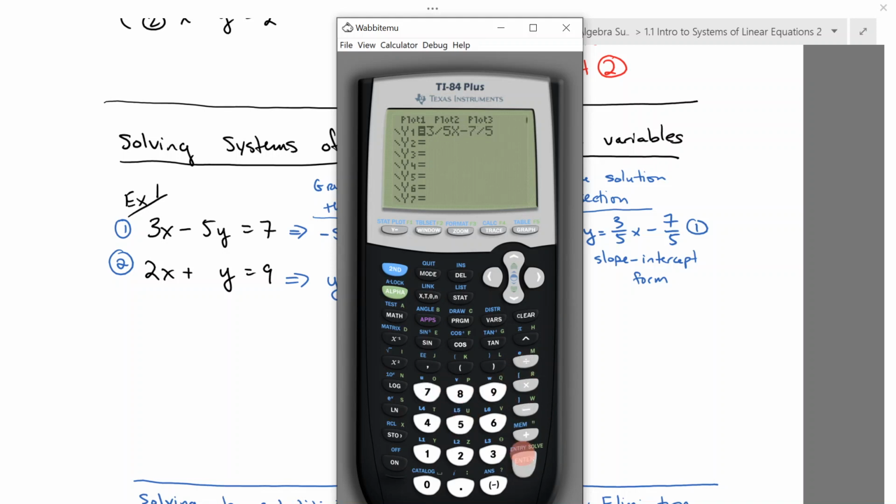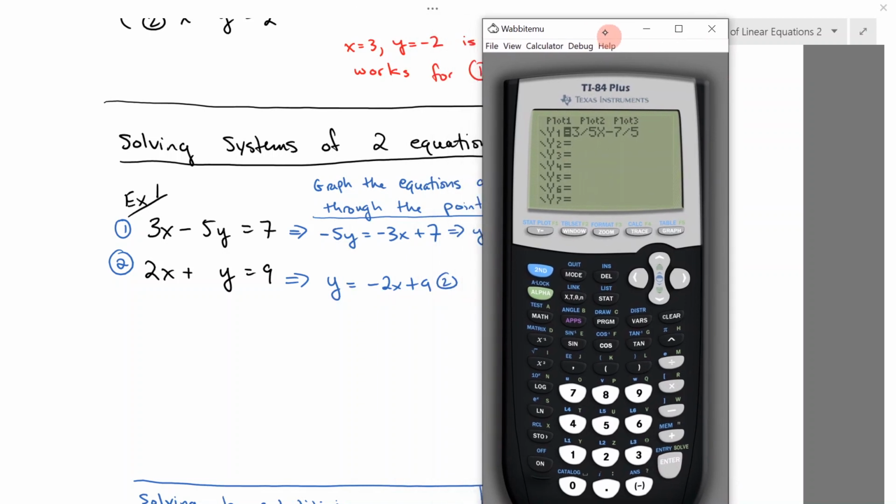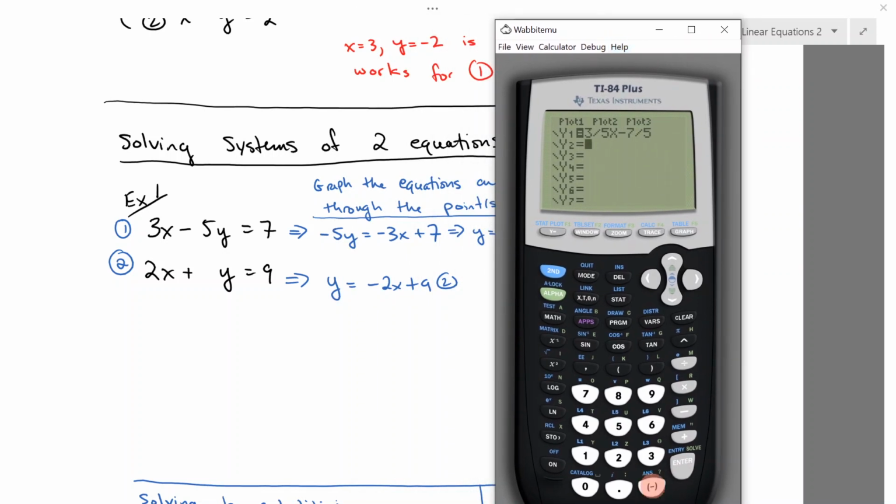And then the second one was negative 2x plus 9. Okay, so I graph the two of them. And you can see that the two graphs do intersect, so we have a solution here.